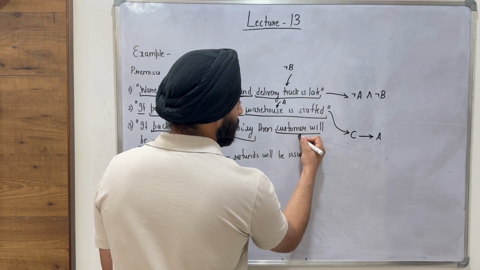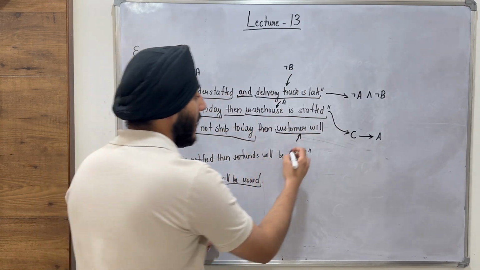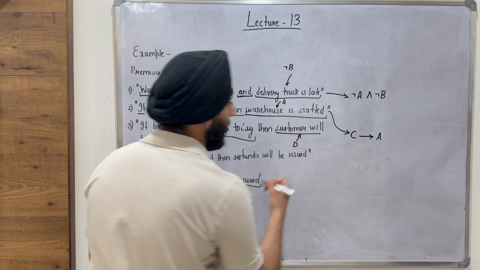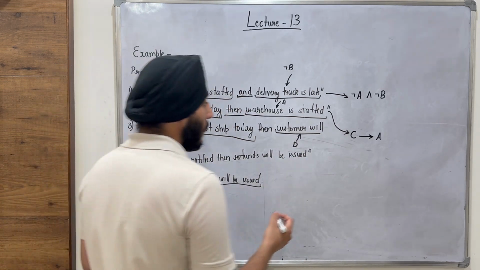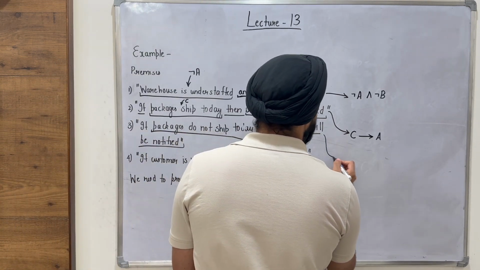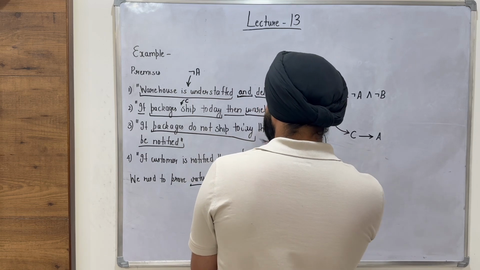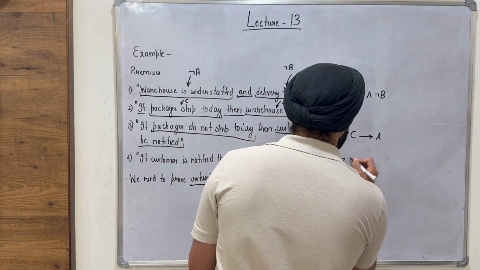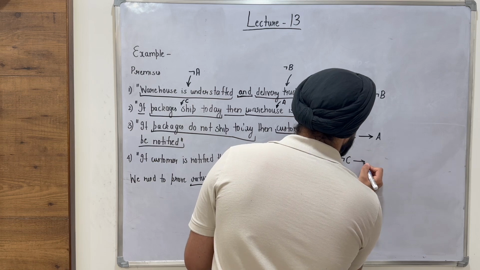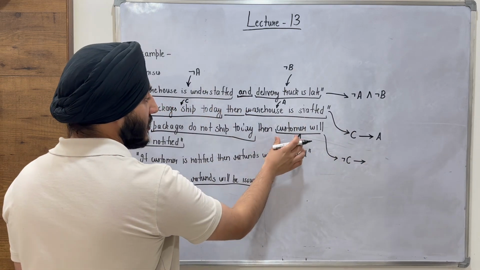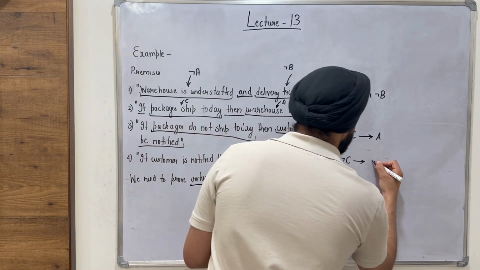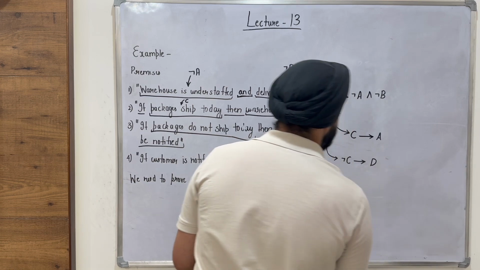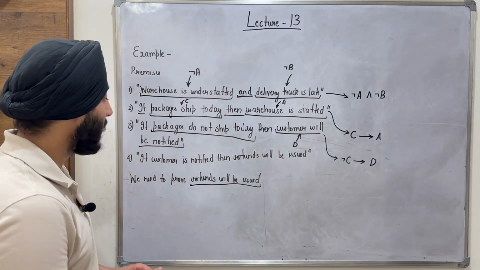Since this is a new proposition that I don't see so far, I'll represent it using a letter D. So what is going to be the final premise itself? It is going to be if packages do not ship today, that is negation of C, then customer will be notified, which is D. Right? I hope you're able to understand it.